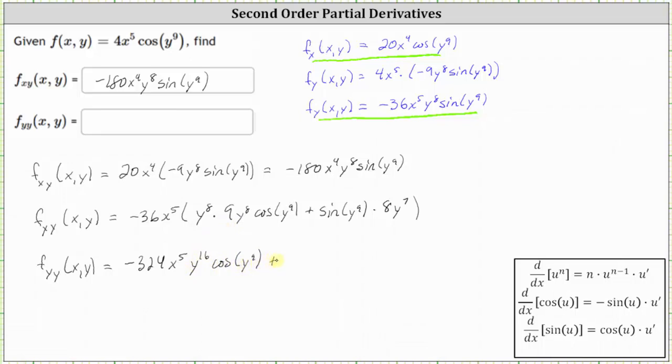And then we have plus negative 36 times 8 is negative 288. So let's write that as minus 288 x to the fifth, y to the seventh, sine y to the ninth. The other option would be to factor this, but I'm going to go ahead and leave it in this form. So let's go ahead and record this above.